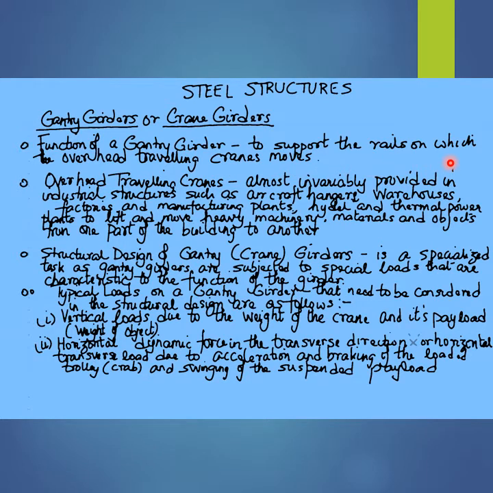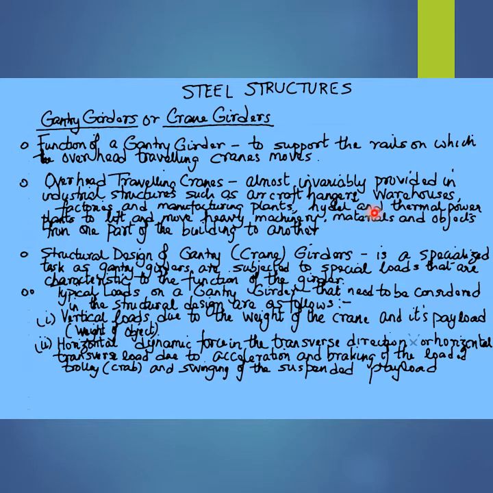The function of a gantry girder is to support the rails on which the overhead traveling cranes move, generally in an industrial structure where overhead traveling cranes are almost invariably provided.